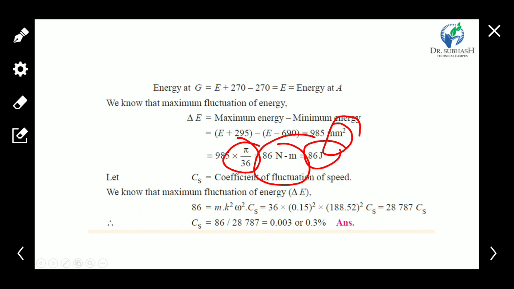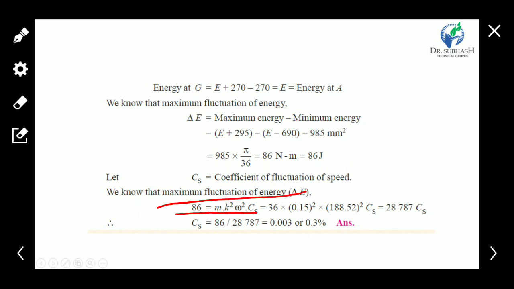Now if we have to find the coefficient of fluctuation of speed, we know the equation for maximum fluctuation of energy of a flywheel, which we derived in the earlier flywheel video. Now we have 86 joule.